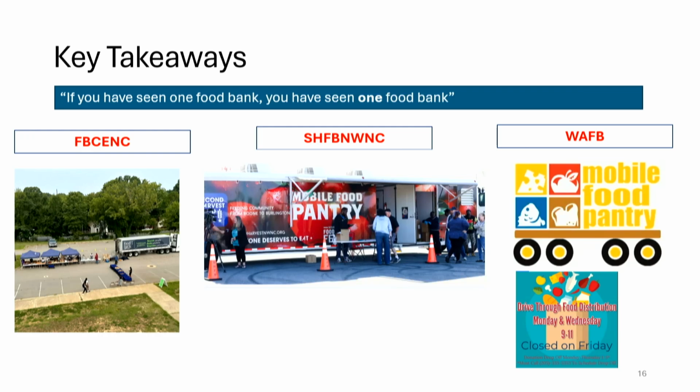They load up the truck, go to multiple communities, and then return to the warehouse. So that whole idea of a mobile pantry has a different meaning and different terminology, but the idea is the same: it's mobile distribution, moving food closer to the people. The strategy employed depends on the structure and environment of the particular food bank.